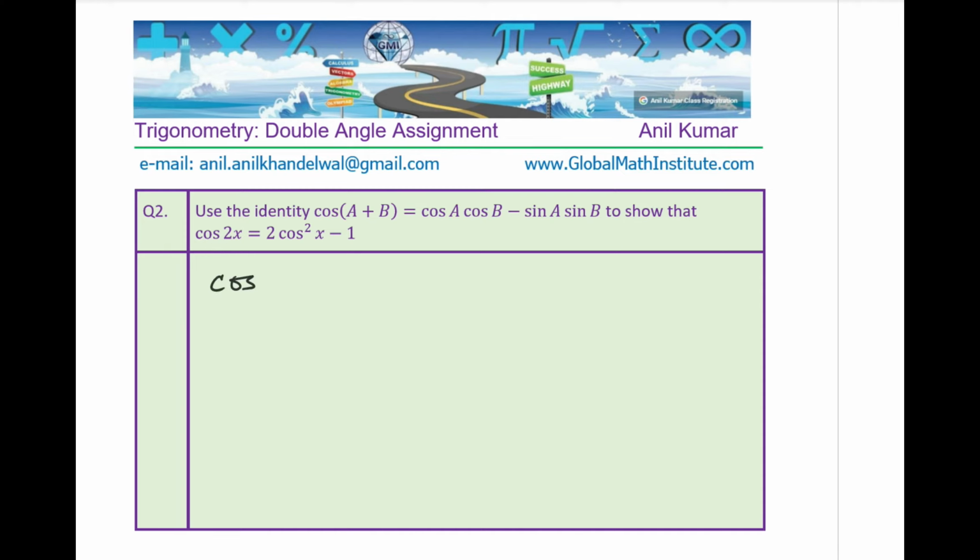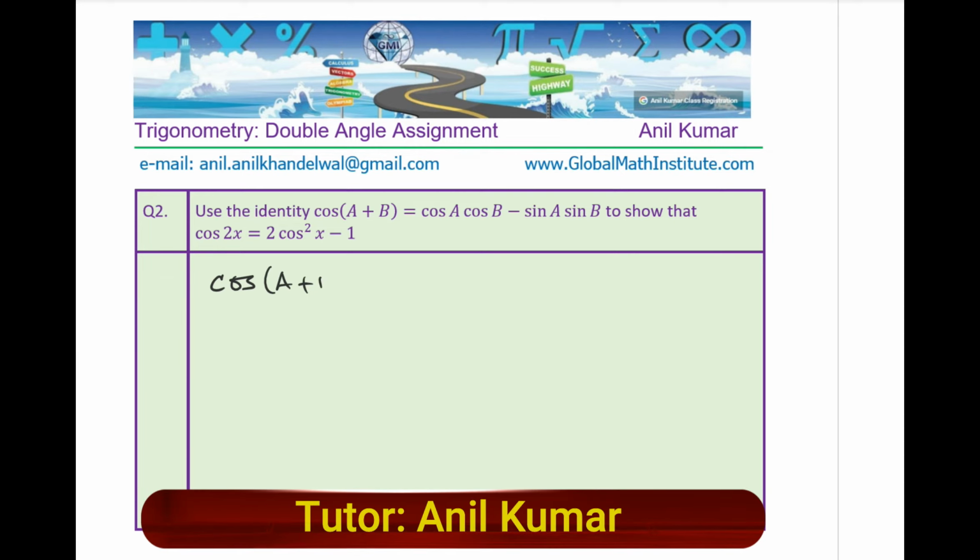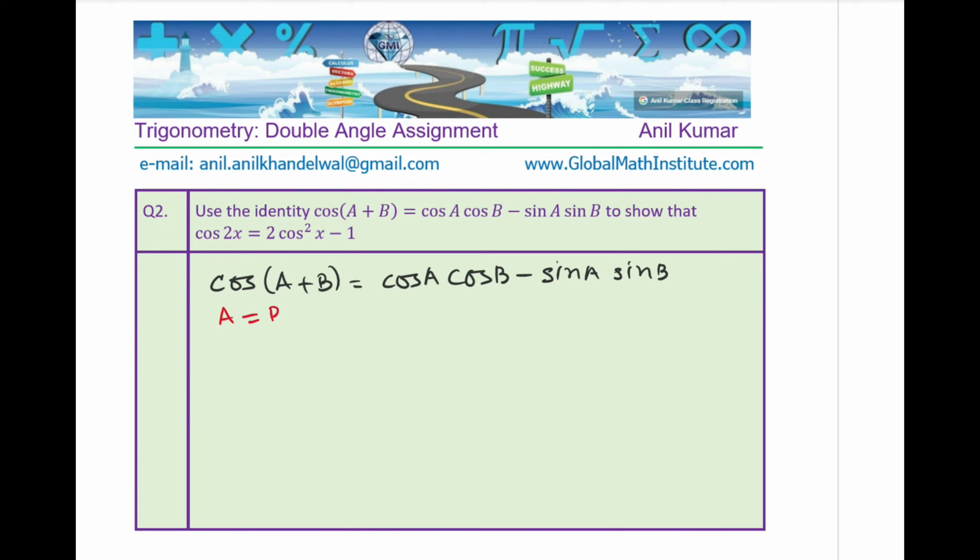So we are given cos(a plus b) equals cos a cos b minus sin a sin b. Now if I substitute a equals b and both equal to x, then what do I get?